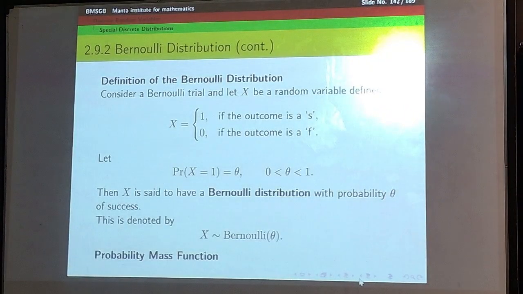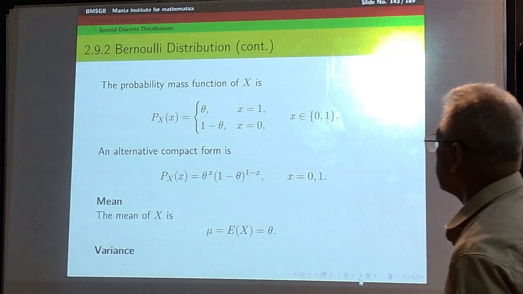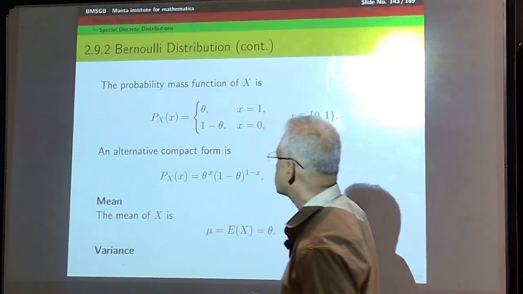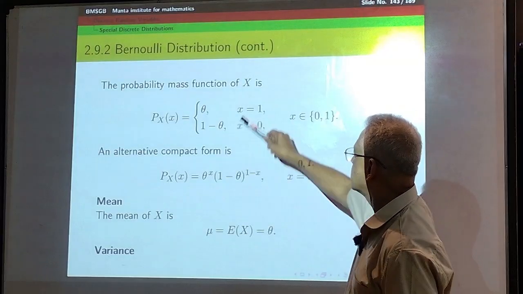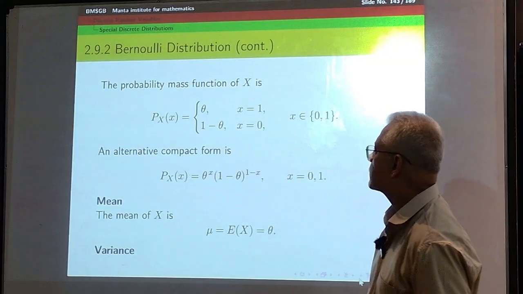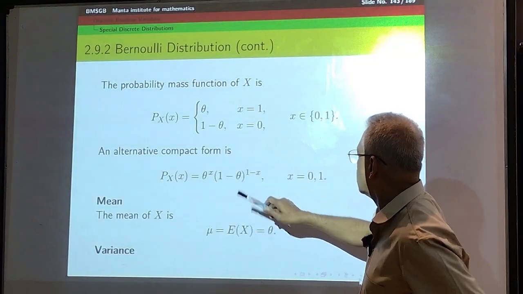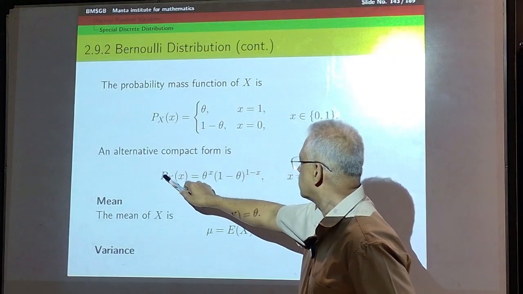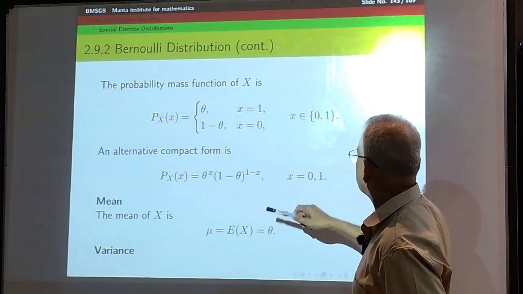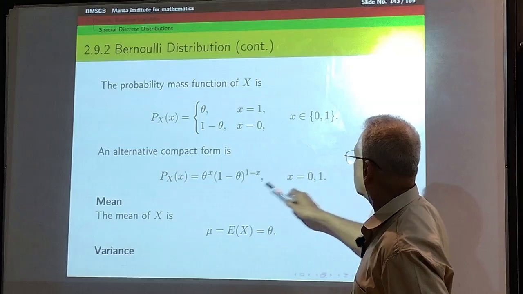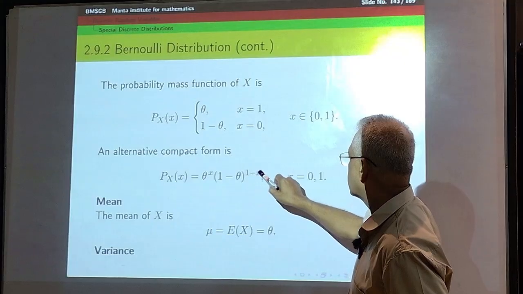So we can write down the probability. We have already looked at it in a previous example, this one. We can write down the probability mass function when X has a Bernoulli theta distribution, either like this or like this. Generally, we write it like this. So you can see, for example, the probability P(1), that is the probability capital X equal to 1, will be given by when you put small x equal to 1, that is theta to the power 1 times 1 minus theta to the power 0.